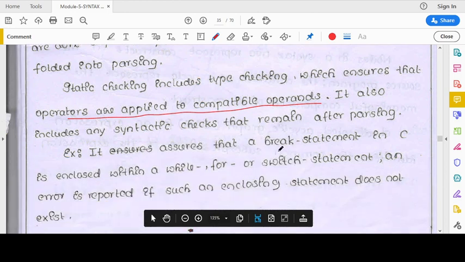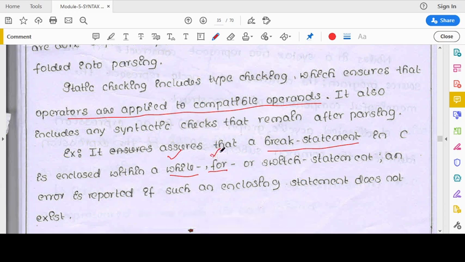An example can be in this way. It assures that a break statement in C is enclosed within a while, for, or a switch statement. Exactly, what's the use of inserting a break statement in looping constructs, right? If you're putting a break statement in the looping constructs, every time it just comes out at the first go itself. While is based on the condition, and for is based on the number of iterations, which we already know.